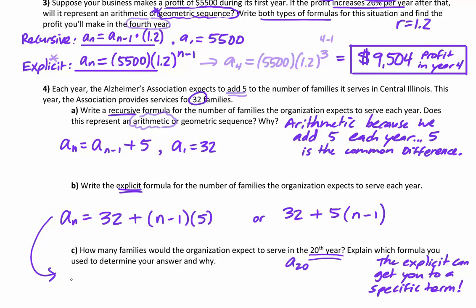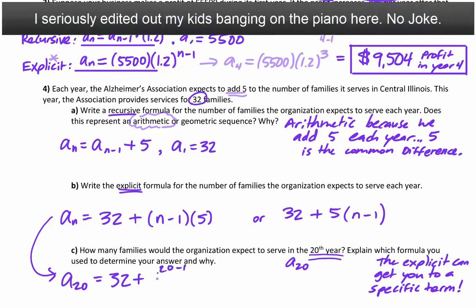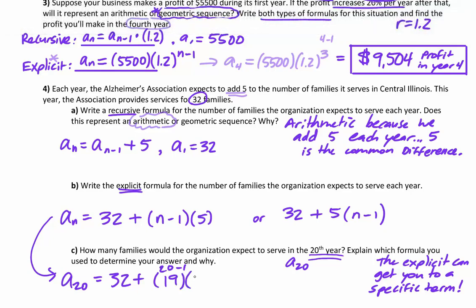So in order to find A20, we're going to take 32 plus, we have 20 minus 1. 20 minus 1 is just 19. And we're going to multiply 19 times 5. I took that whole equation and basically just wrote it down here, but used 20 in the place of n.